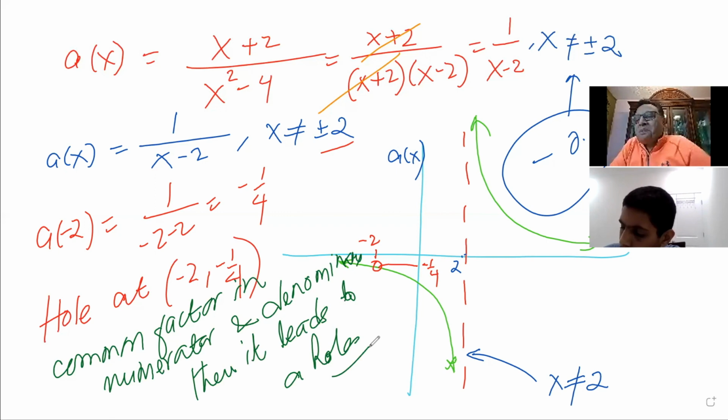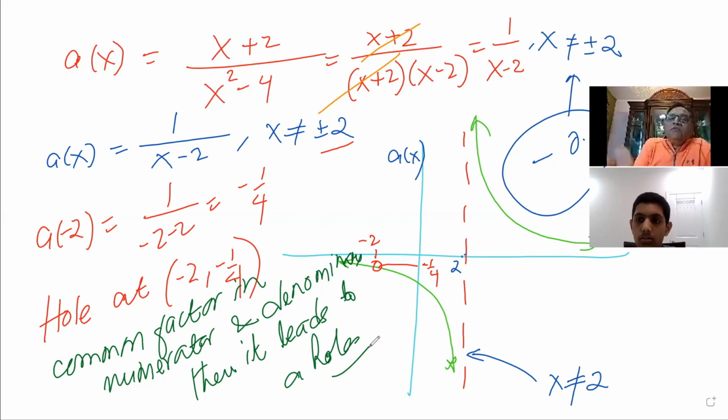This makes sense. So the denominator was initially 0 at this point. However, there was a common factor which cancelled away, leaving a hole on the graph. So this graph is actually similar to 1 over x minus 2 with an additional restriction that it has discontinuity at both plus and minus 2, correct?